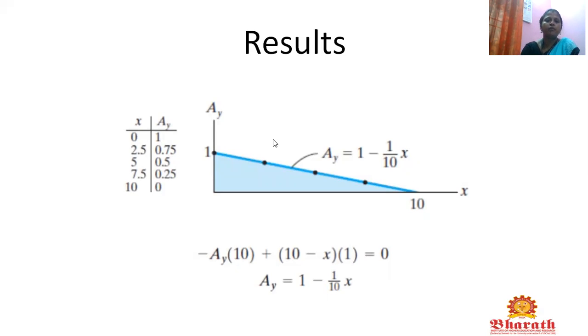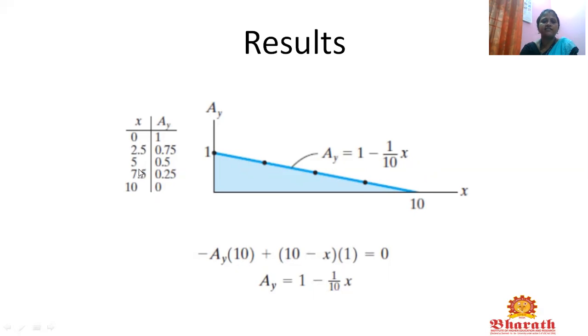If we are plotting x and AY, for 0 distance, what is AY? If you put x equal to 0, we get AY equal to 1. Next, if you put x equal to 2.5 feet, what is AY? In this equation, 1 minus 1 by 10 into 2.5, you get 0.75.